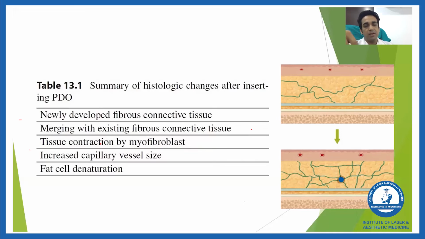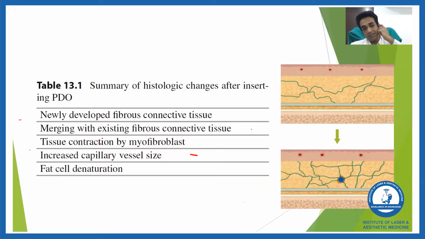So there will be an inflammatory response to it, and whenever there is an inflammatory response, there will be vasodilation, and it stays there. The capillary vessel size increases. Once the capillary vessel size is increased, there is more neovascularization and more plumpy-looking skin.